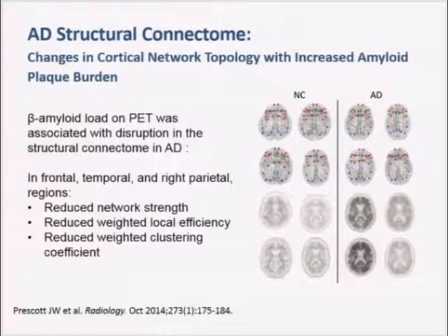And they found that reduced network strength, which is the connection between those nodes, the local efficiency, which is how close they are, and the weighted clustering coefficient, which is how well those nodes cluster together, were found to be lower in Alzheimer's disease patients.